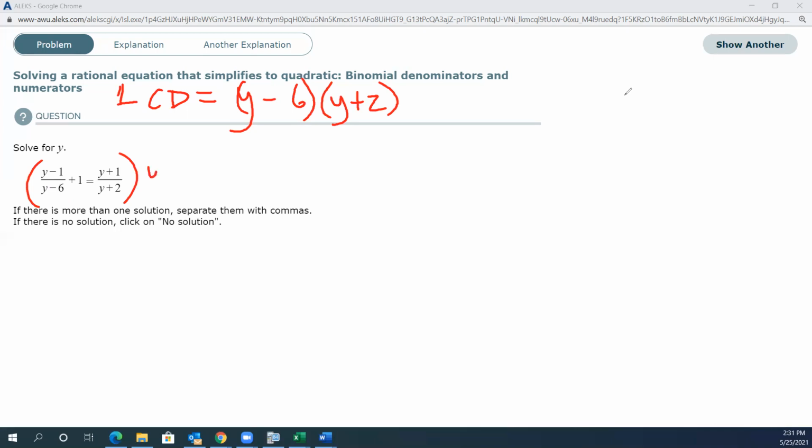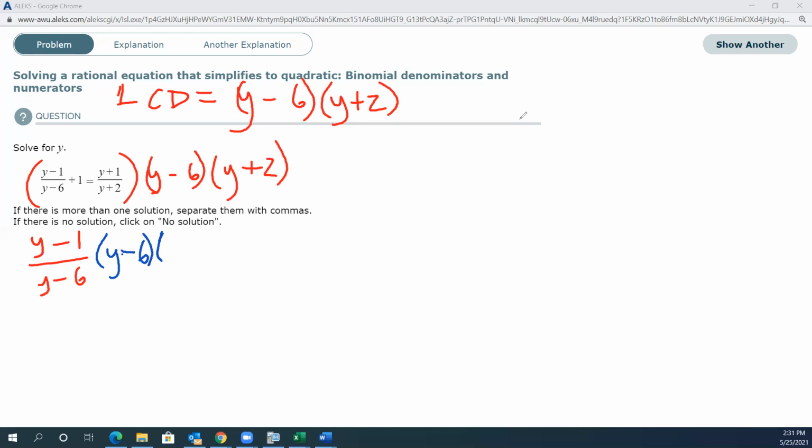Step two is multiply both sides of the equation by the least common denominator. Now, this next step is going to be kind of long-winded, but it'll make it easier for you to tell what's going on. We're going to get (y minus 1) over (y minus 6), I'm going to change the color, times the LCD that we're multiplying through.